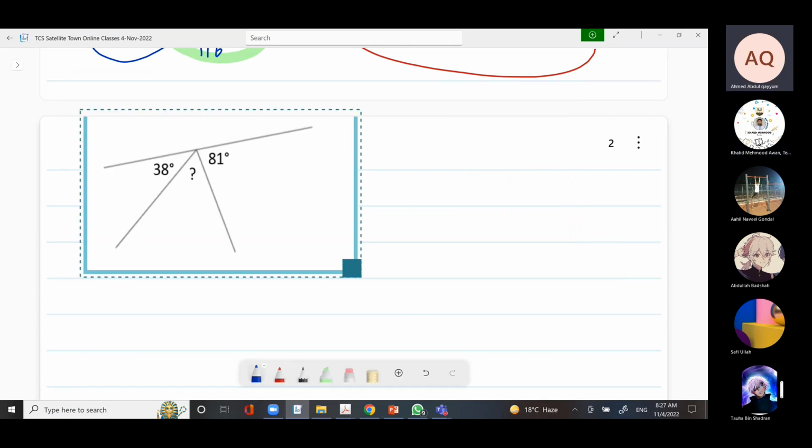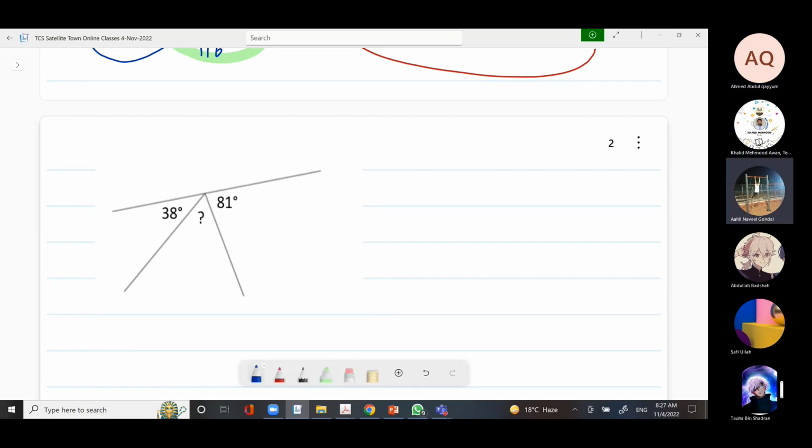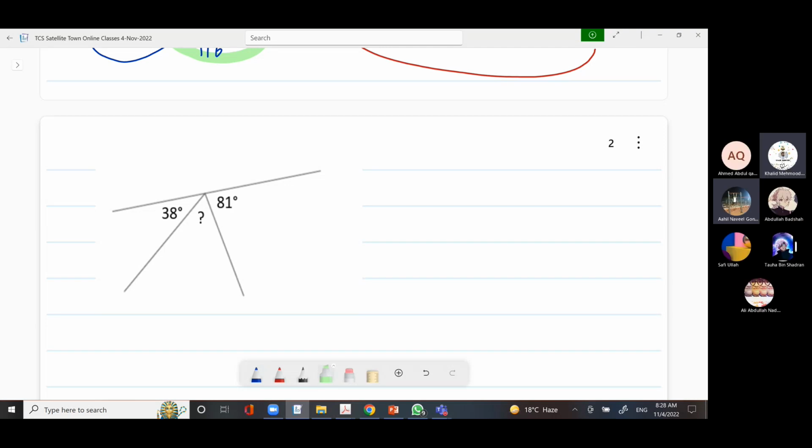Okay. Which angle is this? Tell me. In between there is 51. Which angle is this? Is it D? Yes, sir. And D means what shape? Supplementary angle.